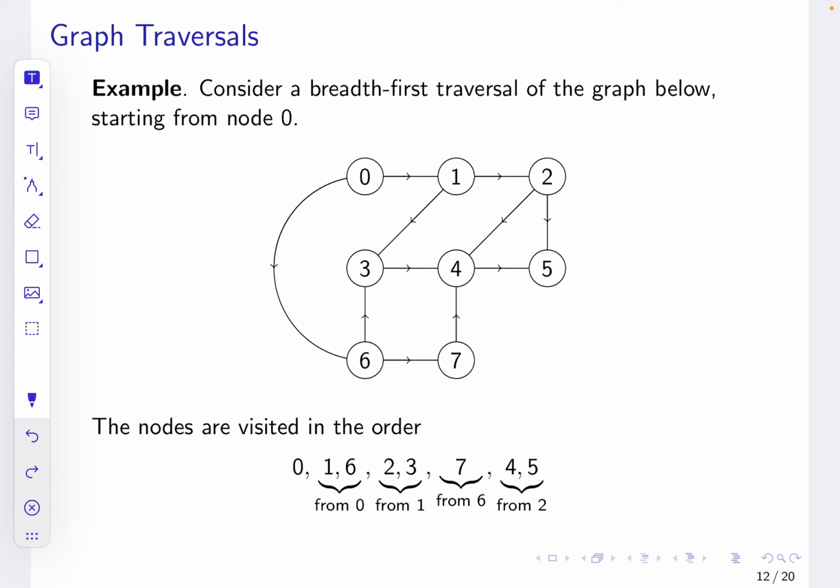Instead, I don't want to spoil the technique just yet. I'll just go through what order you would go in. We're going to do our best to adapt that idea of levels by visiting all the children of 0 first. So 1 and then 6.